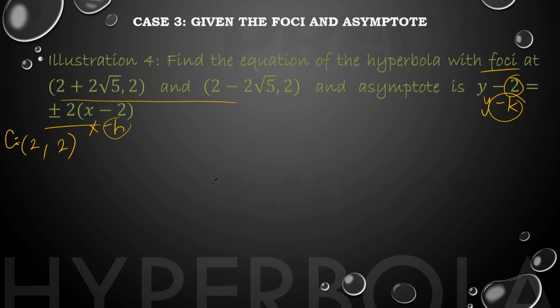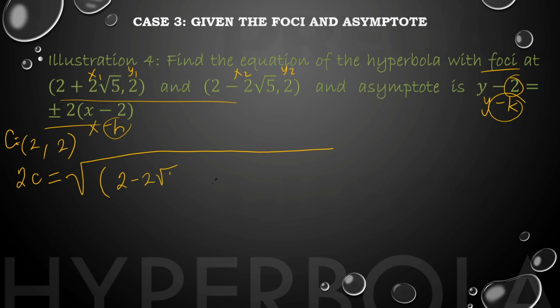And then, distance formula to find the length of foci, which is 2c, to find yung c. So, square root of x sub 2 minus x sub 1, so 2 minus 2 square root of 5 minus 2 plus 2 square root of 5, squared natin.